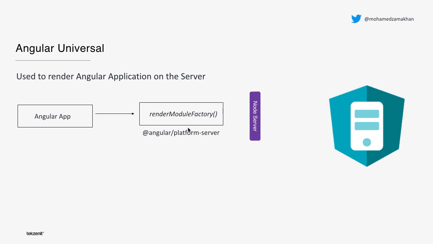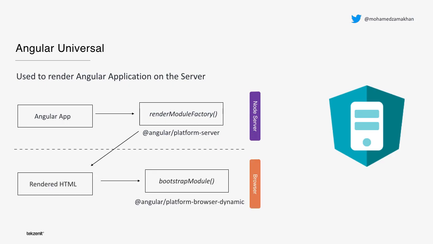It provides a method called renderModuleFactory, where if you pass your module to it, it will add the capability of rendering on a Node server. You get the rendered HTML on the web page, and then you bootstrap it using platform-browser.